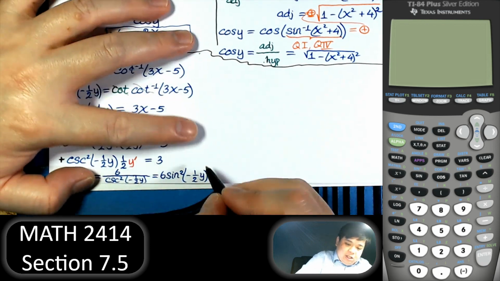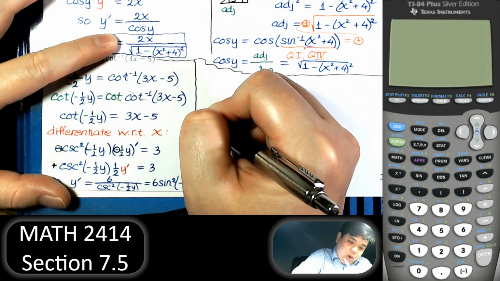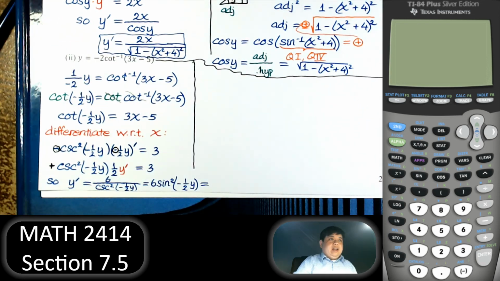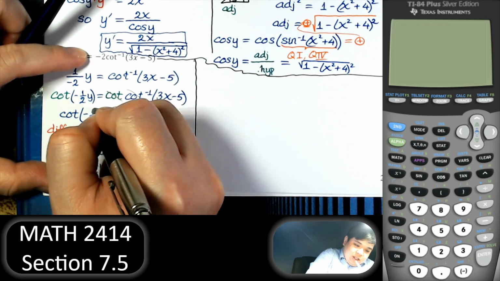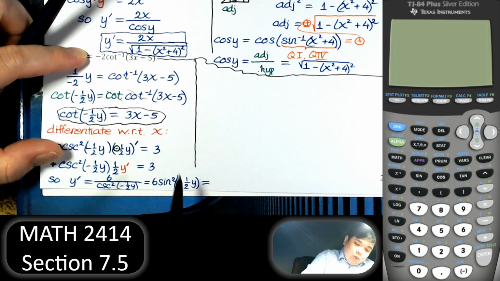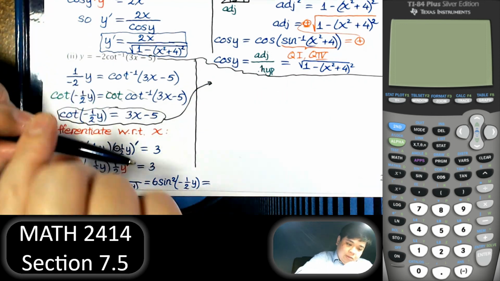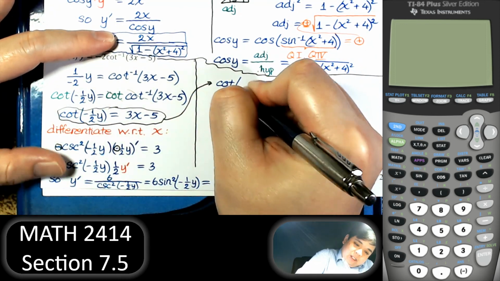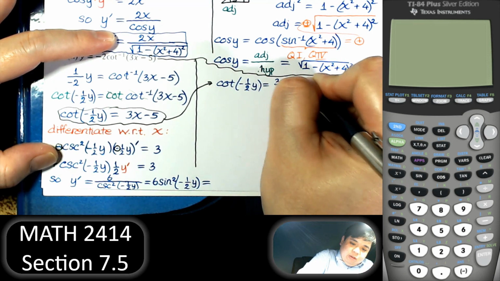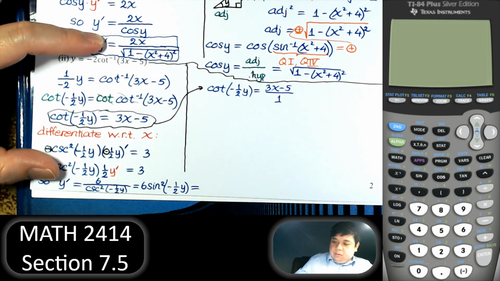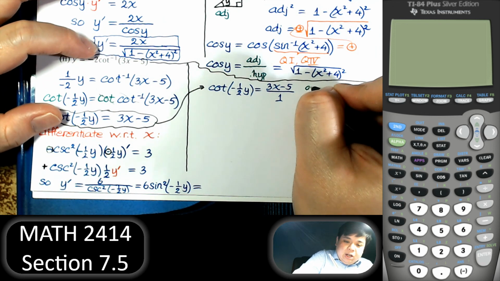Now we get back to this. Now we just find out what is sine and then square that. So now we focus on this, and we can go from cotangent to sine. So cotangent is 3x minus 5 over 1, and cotangent is adjacent over opposite.